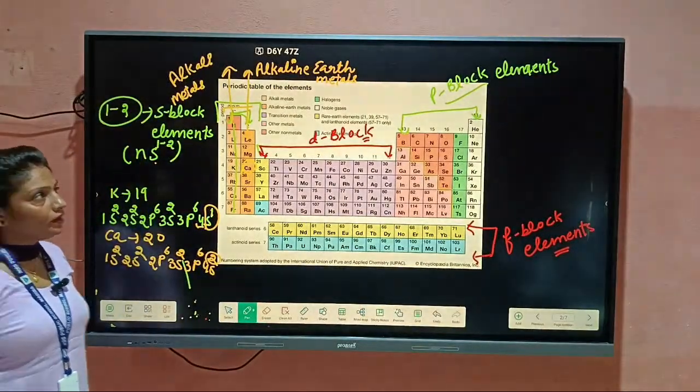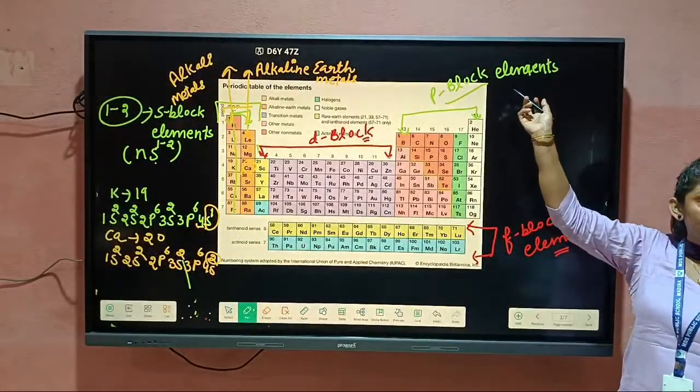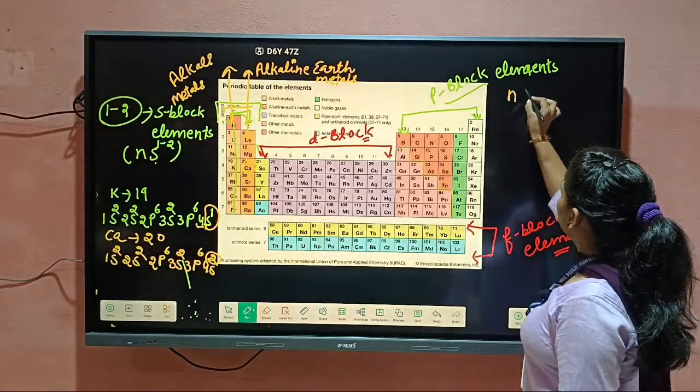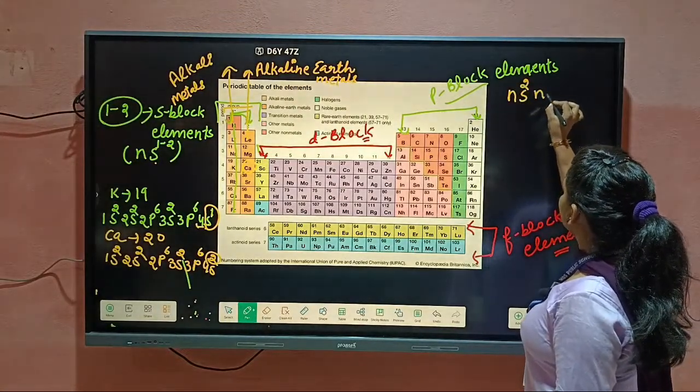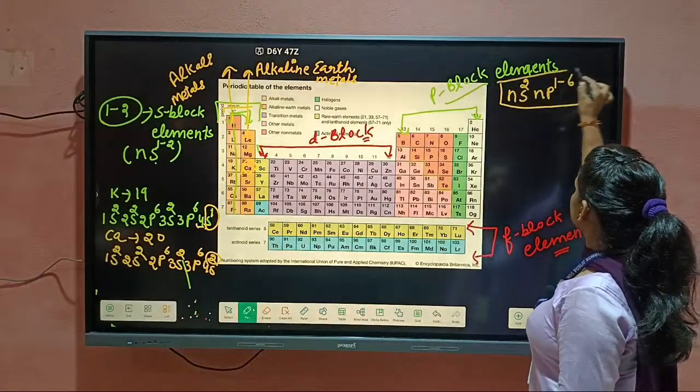Then if I talk about P block elements, what will be the general configuration for the P block? The general configuration is ns2, np1 to 6.